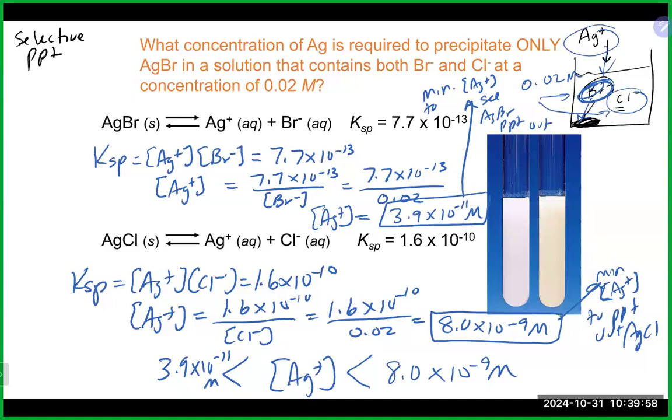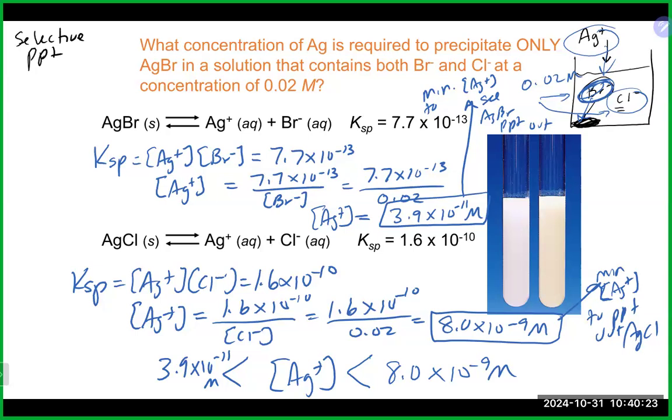If you were doing this in real life, at some point you would stop seeing a precipitate, hopefully. And at that point, if you rose the silver concentration to 8 times 10 to the minus 9, which is a larger concentration, you would once again start to see a white precipitate. And at this point, that white precipitate would be the actual silver chloride starting to precipitate out.